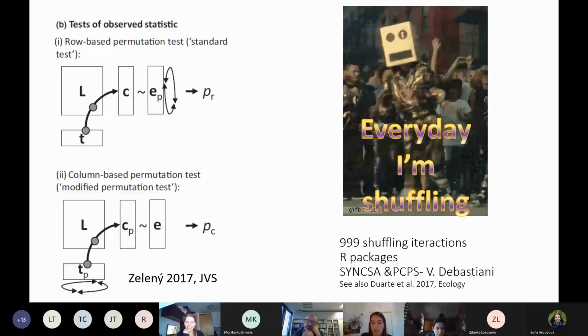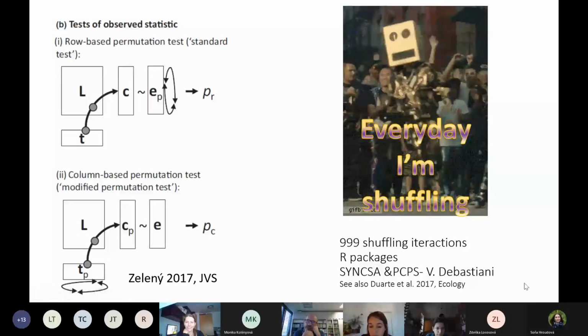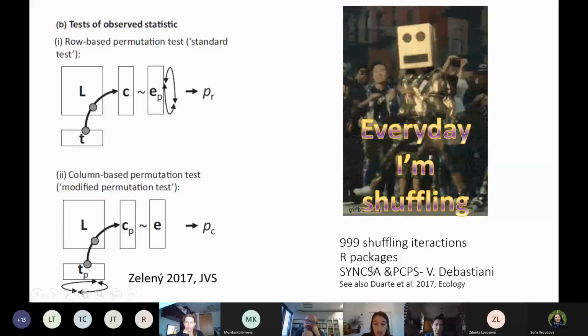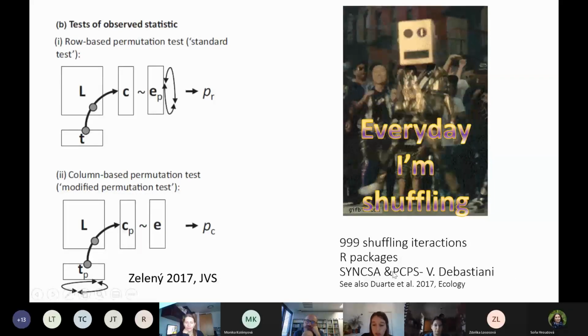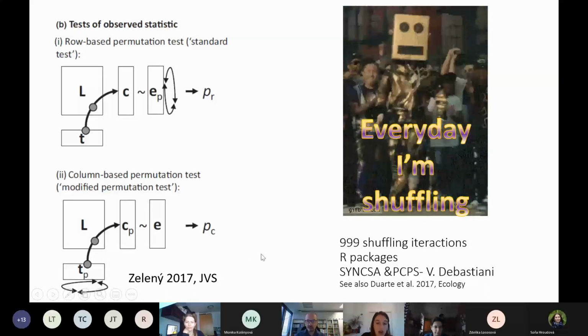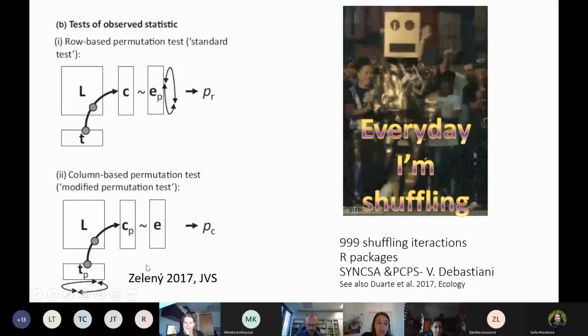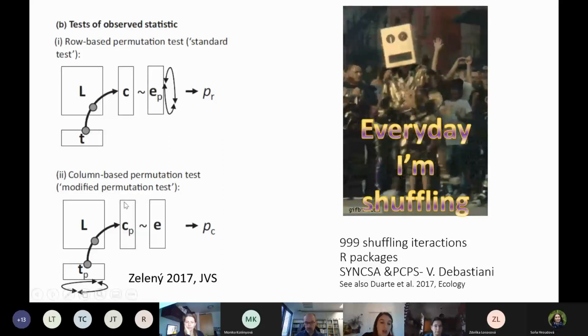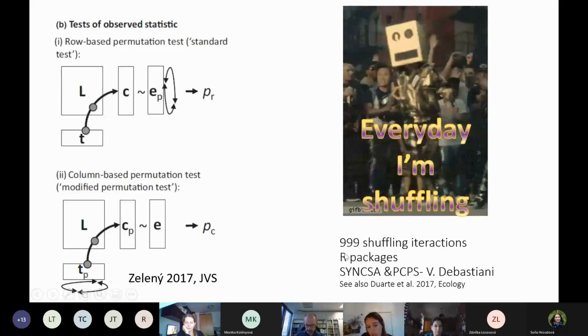I had help from a former colleague from Brazil, and he wrote a script that is based on these two R packages, where he generates this shuffle in the trait matrix and calculates community-weighted means, for however many times you say.